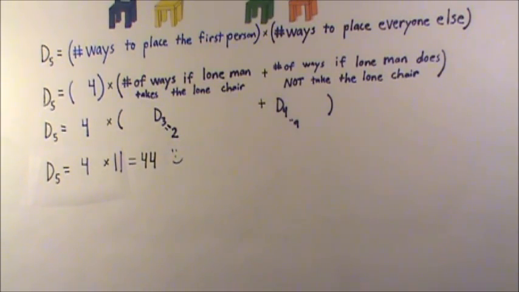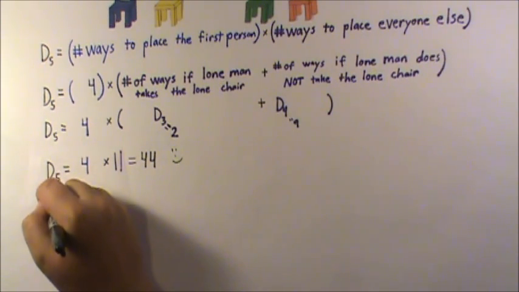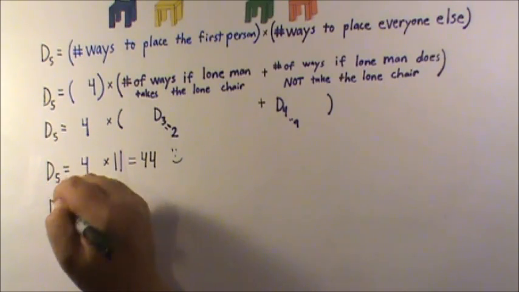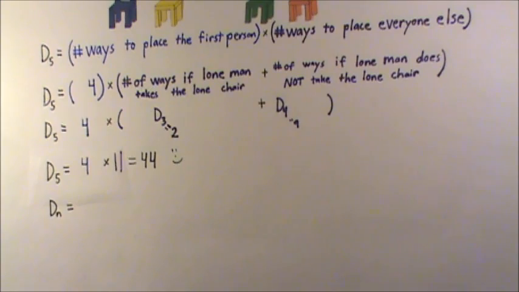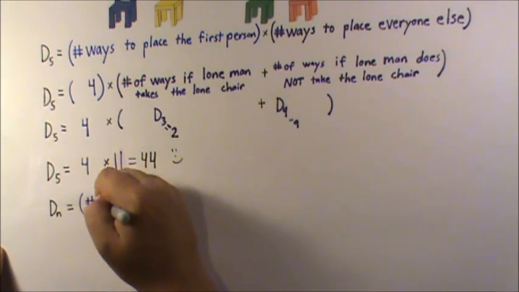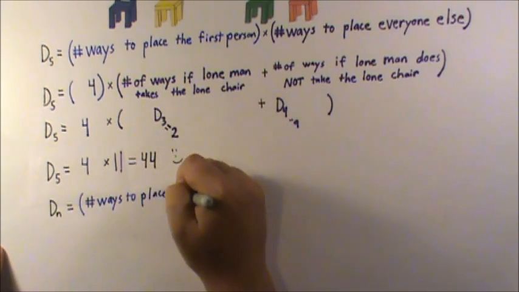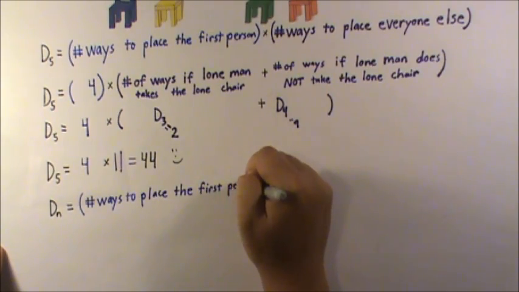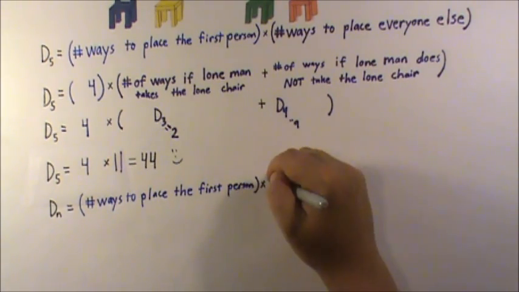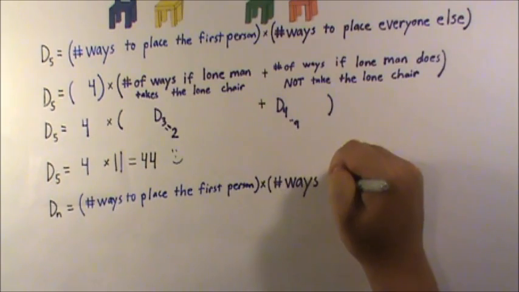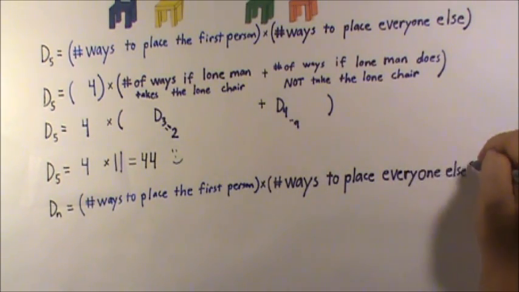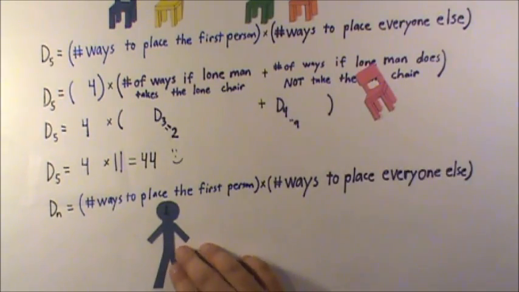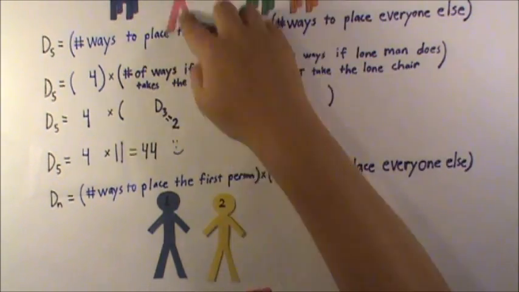So how do we generalize this? Well, we can figure out, in general, the number of ways to derange n objects using the exact same strategy. We could say the number of ways to derange these n people is the number of ways to place the first person times the number of ways to place everyone else after that.